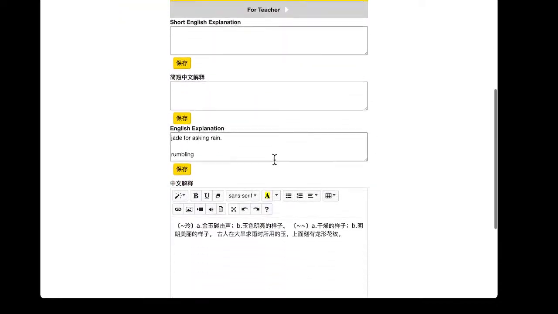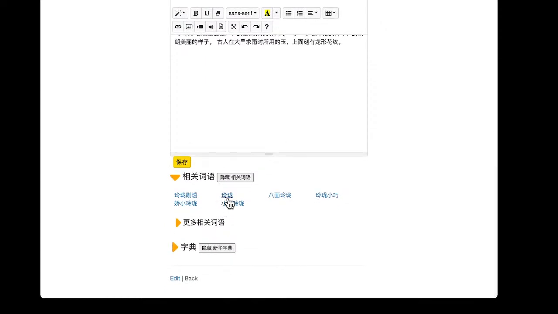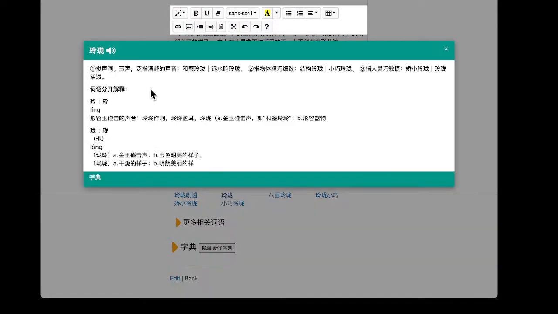Okay, long. Now, there's a word, very often used, called linglong. Now linglong has a meaning of what? Several meanings. First of all, it represents the sound of jade pieces knocking on each other, making that very pleasing sound.